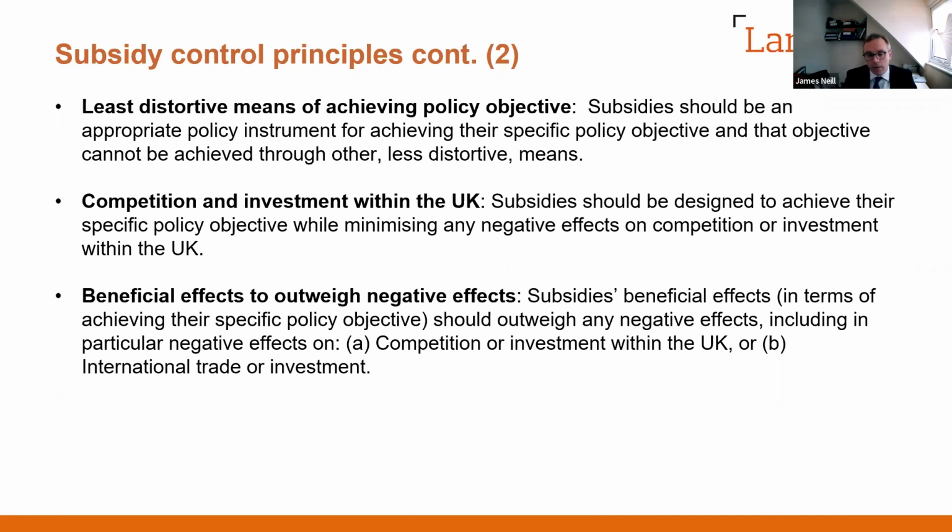But that is the big change. There's no longer this onerous notification requirement that, if breached, would automatically render a subsidy or state aid unlawful under the EU state aid regime. That's all gone, and it's now under the control of the public body, who effectively has a discretion to decide whether these principles are met or not.